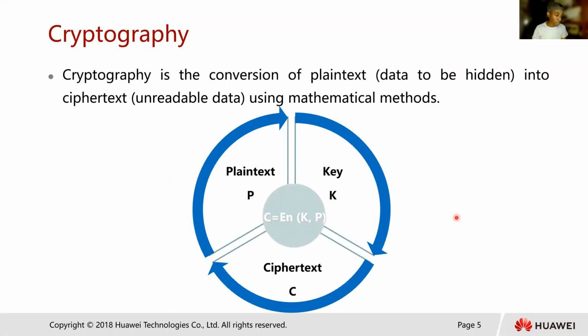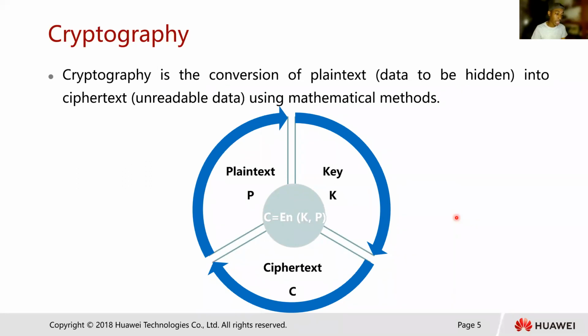Let's look at cryptography. We already know this is usually a topic within a challenge, for example a CTF. Cryptography is simply the conversion of plain text, which is what we can make sense of and which needs to be hidden, into ciphertext, which is something we cannot understand by looking at it.